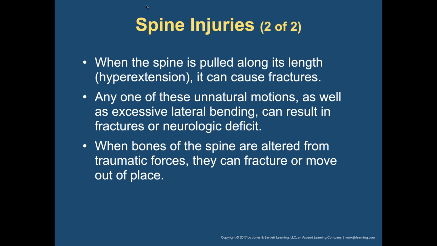That's why as far as your spine is concerned, those two cervical spine are the most likely to get hurt. Injuries to this area of the spine are considered unstable due to the location and the lack of bony and soft tissue support. And any one of those unnatural motions, as well as excessive lateral bending, can result in fractures or neurologic deficit.